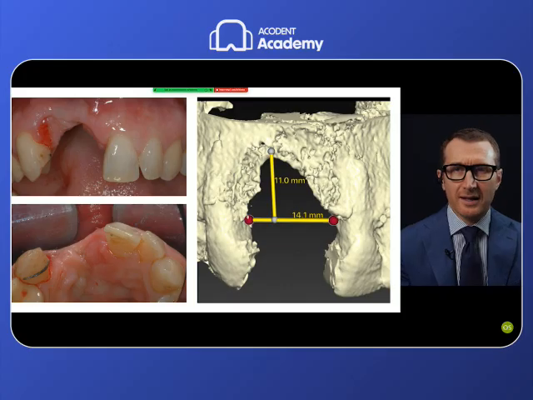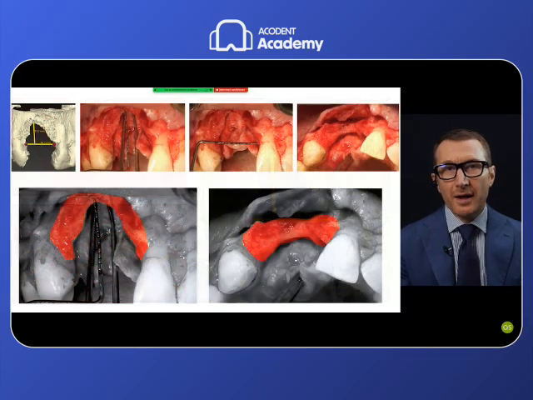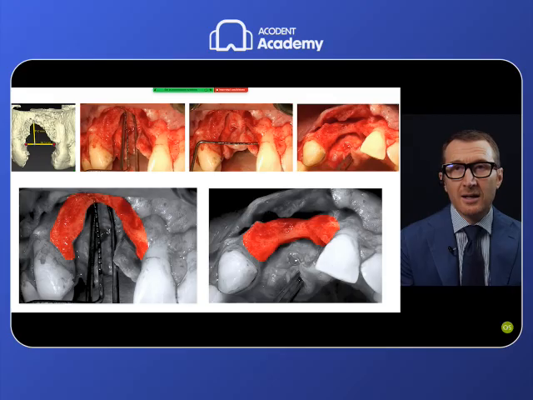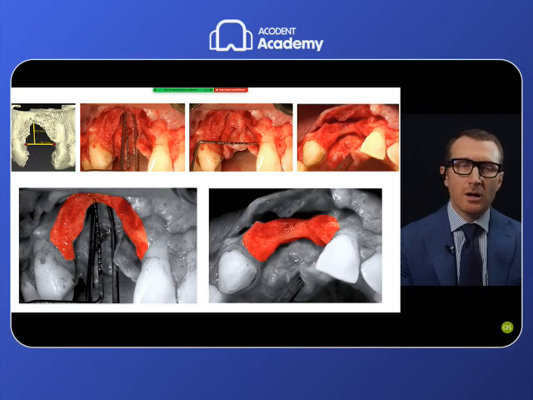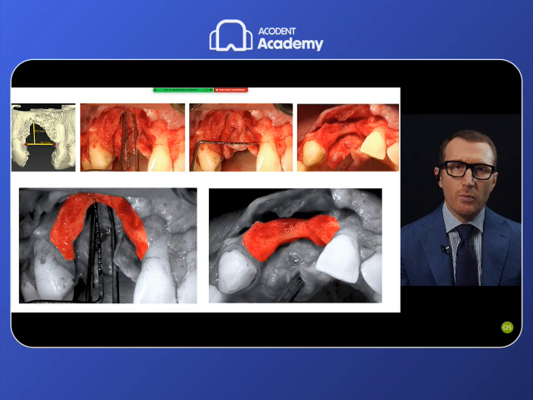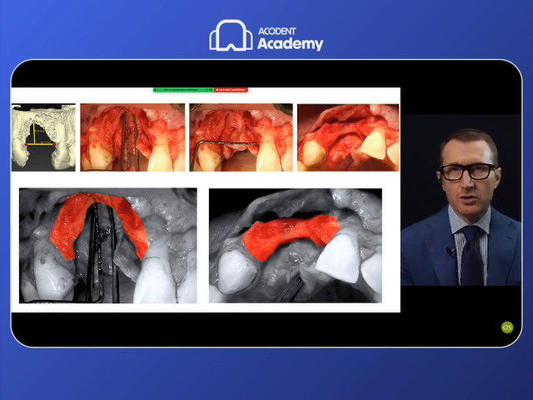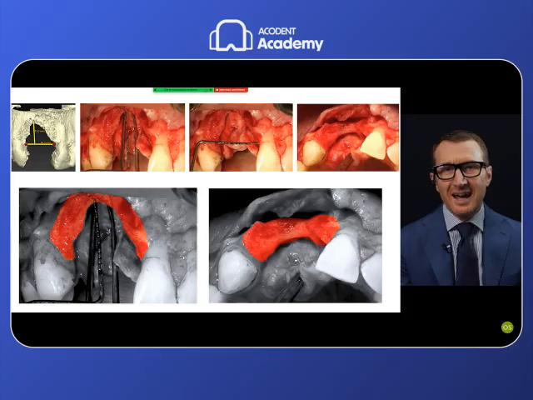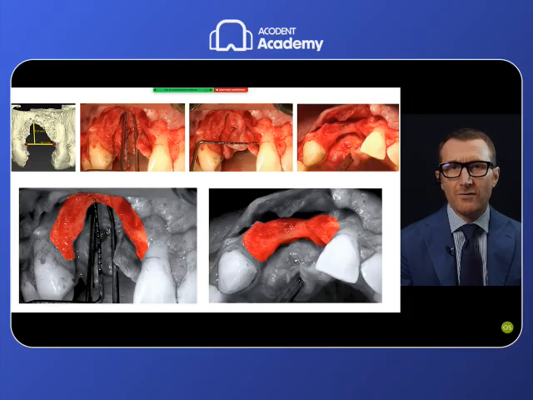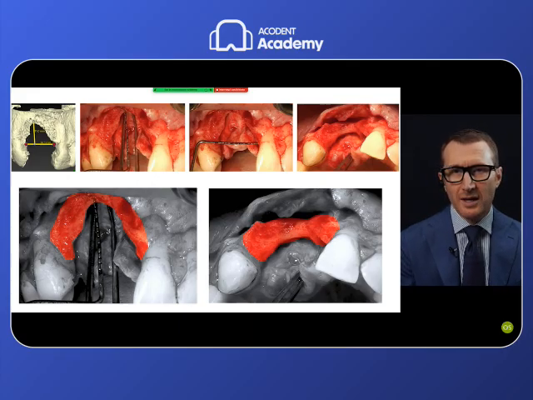If you have a defect like this, 11 millimeters in vertical deficiency and 14 millimeters mesiodistally, and we think to place a barrier membrane to protect the graft material, to protect the environment, to protect the coagulum, we must know that all the blood supply will come from the red area in the surgical picture, meaning that that area will be the only area allowed to support the vascular network formation in the grafted area.